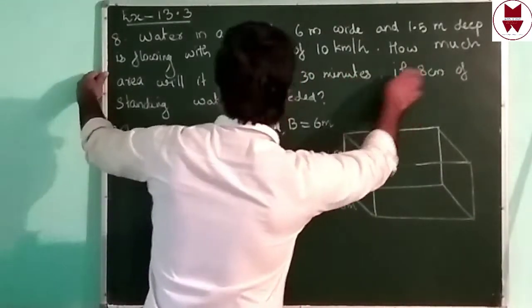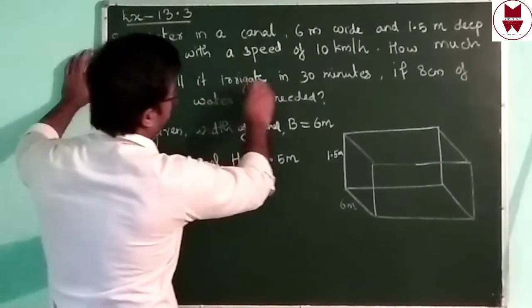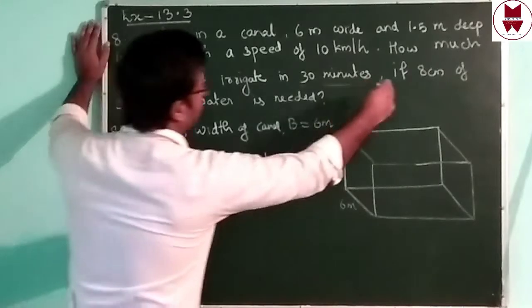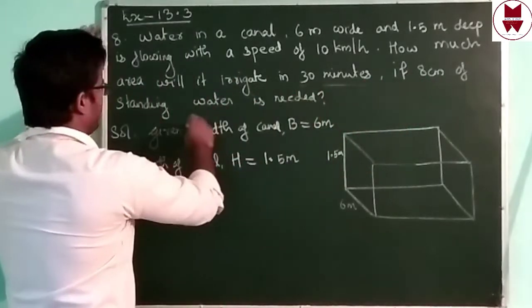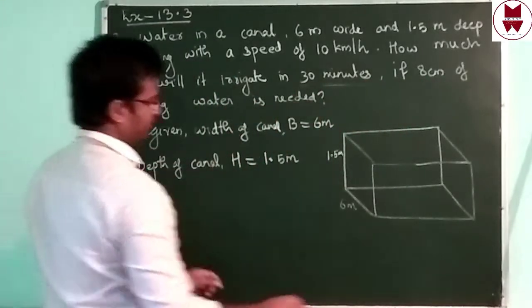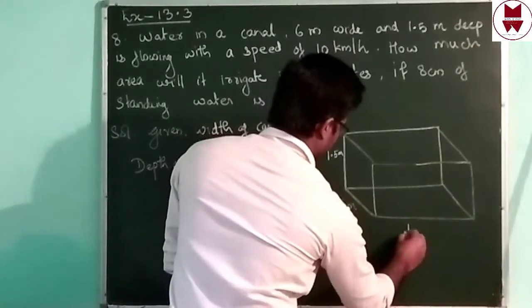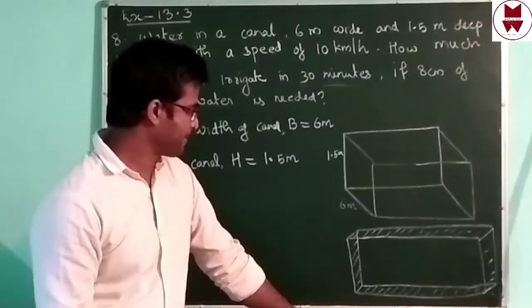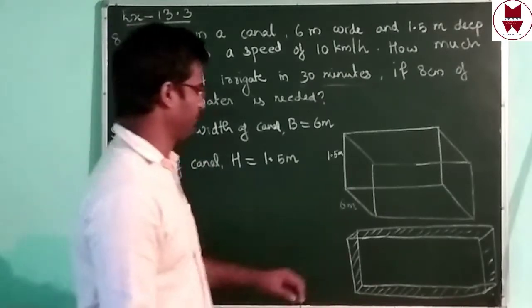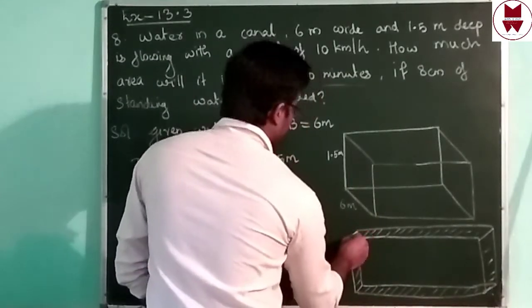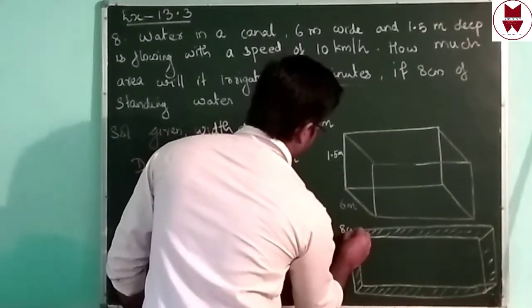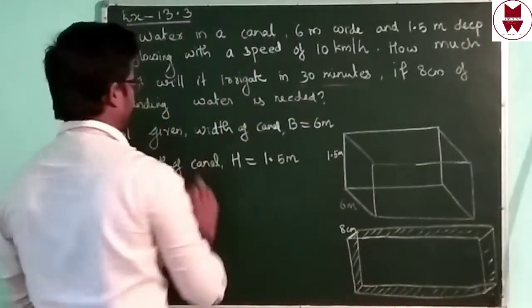Then the remaining part: how much area will it irrigate in 30 minutes if 8 centimeter standing water is needed. Then using this water they are going to irrigate one field, that height given 8 centimeter, 8 centimeter of standing water.